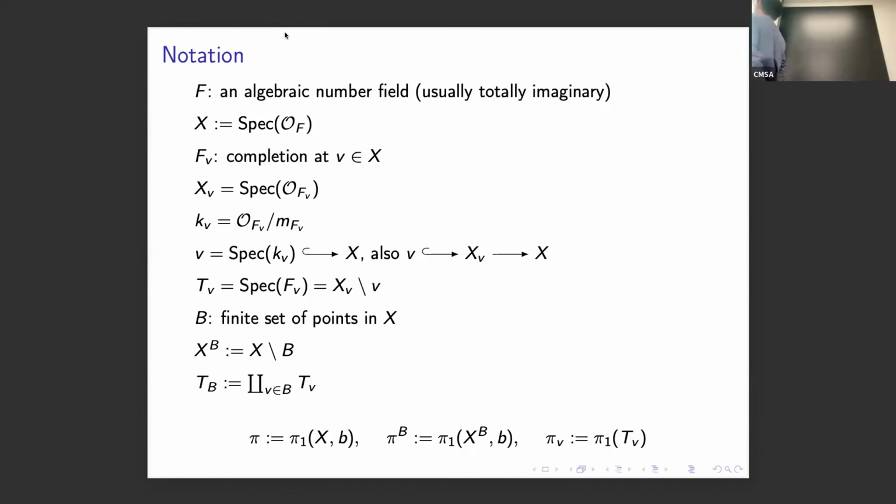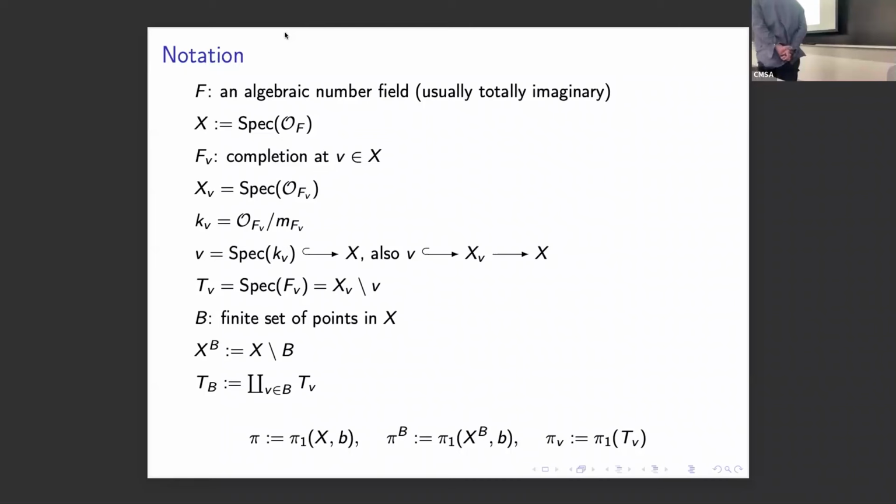Then there's a bunch of other stuff. F_v will be the completion at some prime, which we also view as a point of X. X_v will be the spectrum of the ring of integers of this completion.